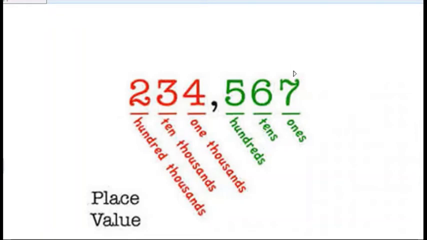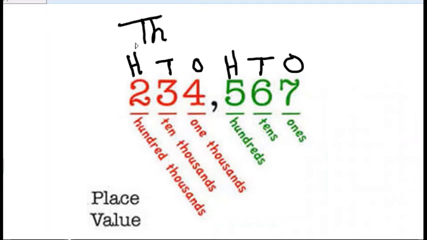So here, ones, tens, hundreds, and another ones, tens, hundreds. But these ones and tens and hundreds in what? In building thousands. So when we read it, it's 1,000, 10,000, 100,000.